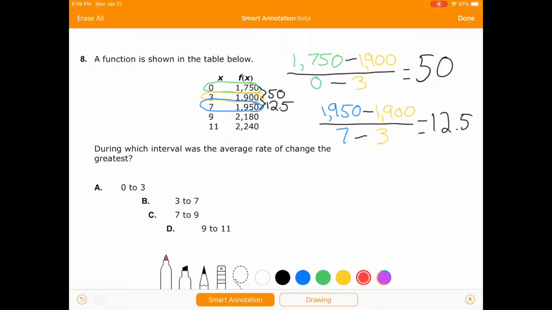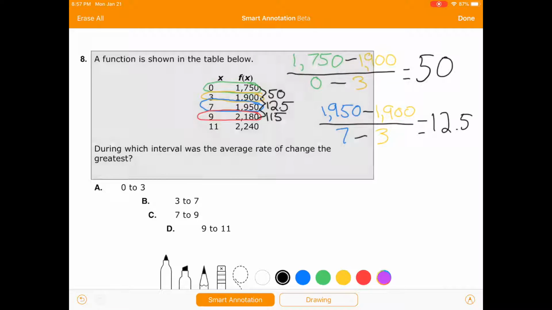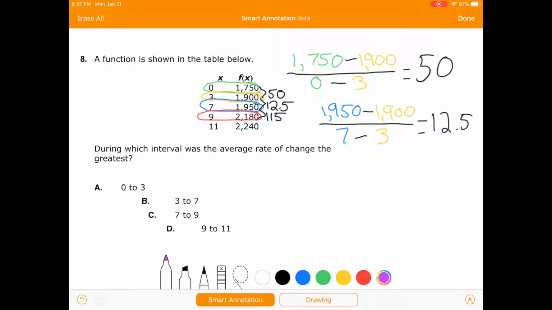Now in between 7 and 9, or the blue and red, the rate of change is 115. And then in between 9 and 11, or the red and the purple, the rate of change would be 30.